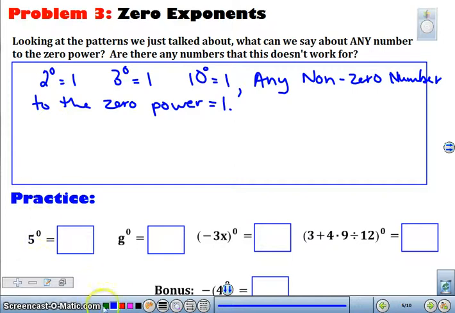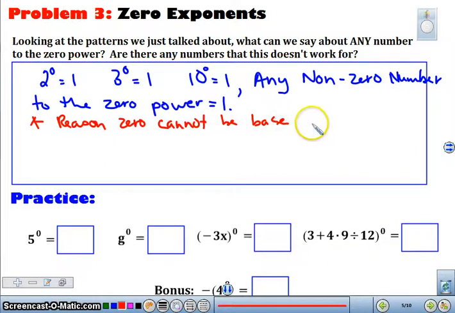The reason 0 cannot be the base is this. Looking at our pattern above, 2 to the 0 equaled 1, and we could say 1 to the 0 is equal to 1. If we put 0 to the 0, we're saying it should be 1.